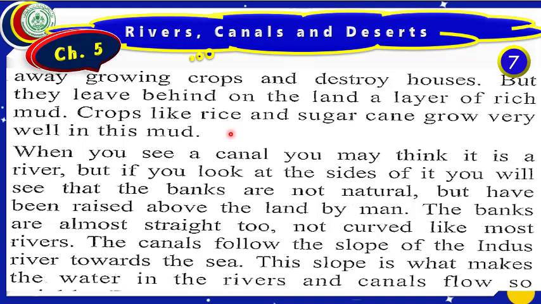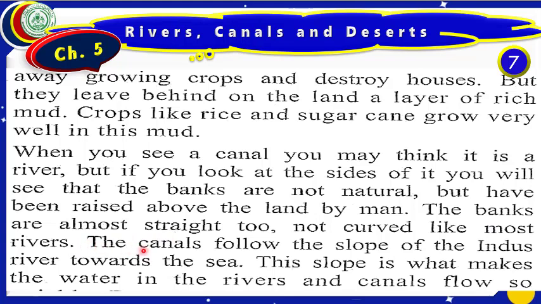When you see a canal, you may think it is a river, but if you look at the sides of it, you will see that the banks are not natural, but have been raised above the land by man. The banks are almost straight too, not curved like most rivers.